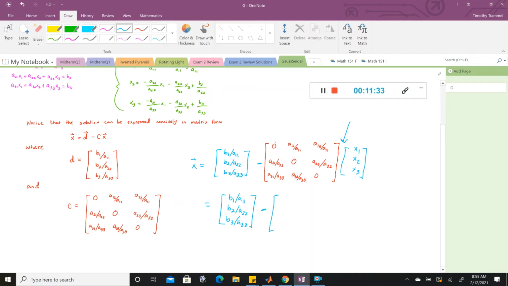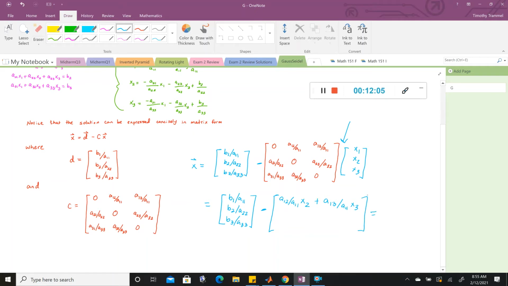let's see what we get. So we'd get 0 times x1, and then A12 divided by A11 times x2, and then after that we'd get plus A13 divided by A11 times x3. Okay. And actually, maybe we'll just do the top row, because I think you might be starting to see this.